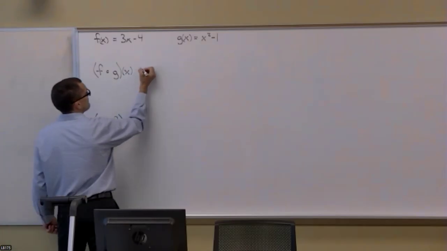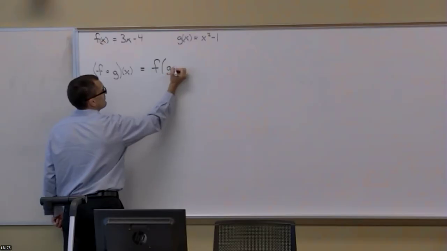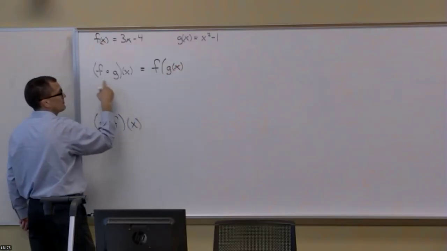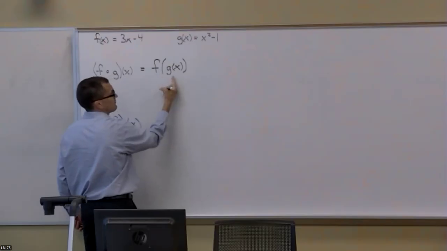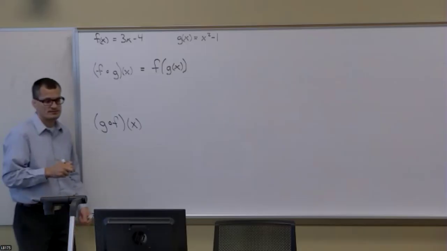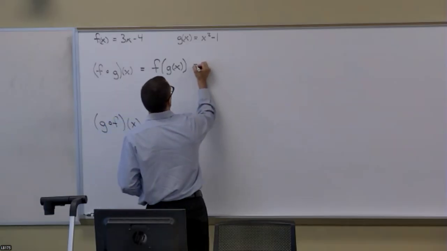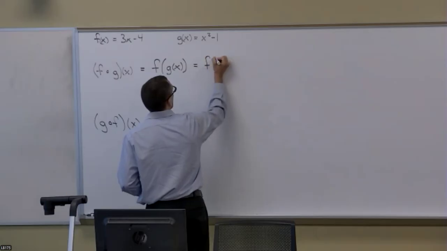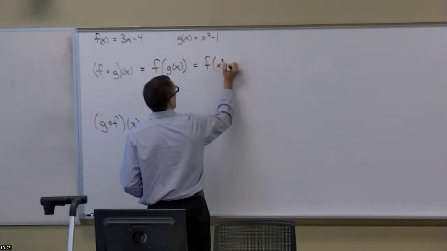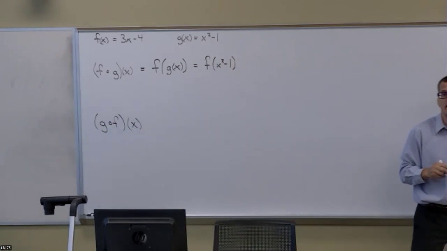So g of f of x, the way I do this is I rewrite it to this notation. So this is a composition notation, but this is also a composition notation. F of g of x, it's like inputting g of x in for the input of x. And what that means, essentially, is I'm plugging in this x squared minus 1 into my function of f.